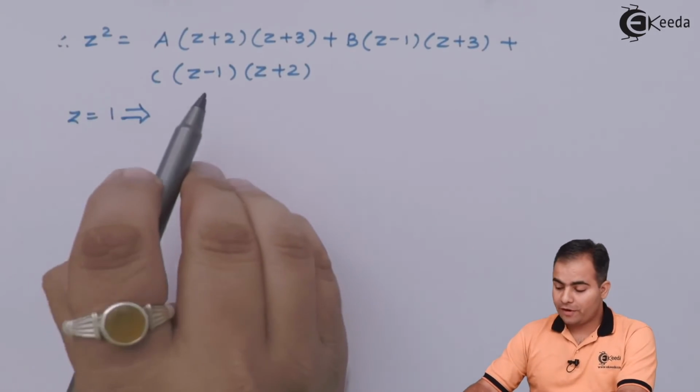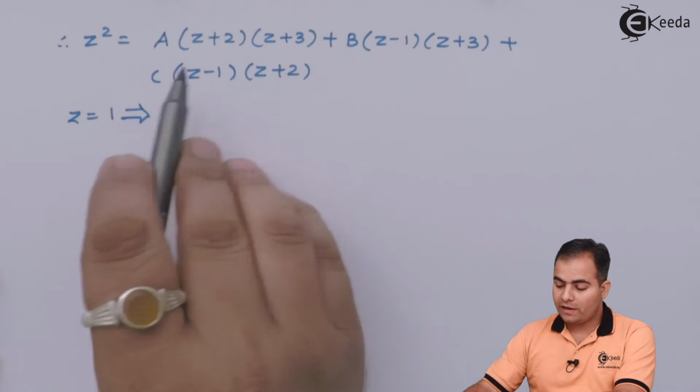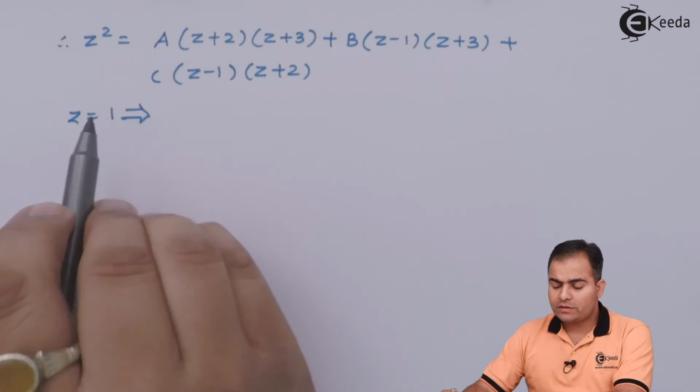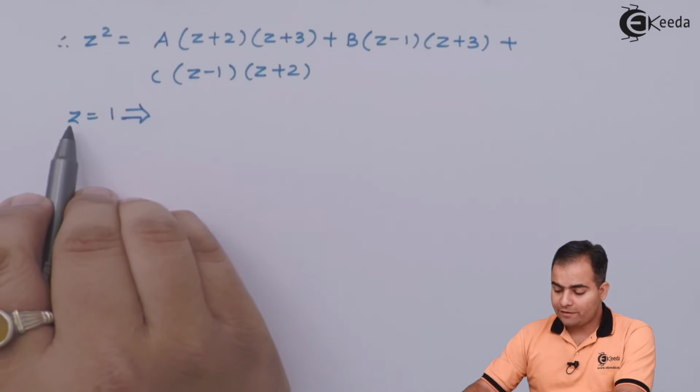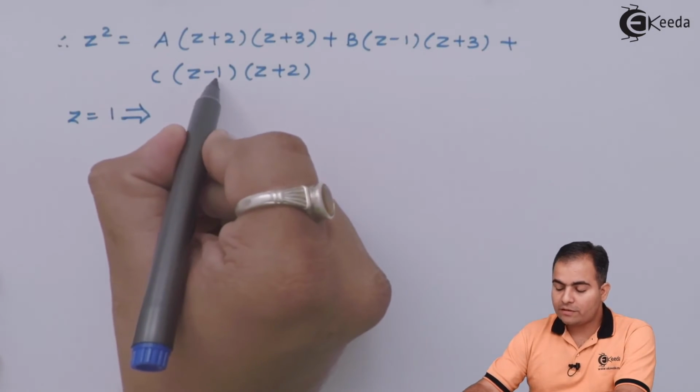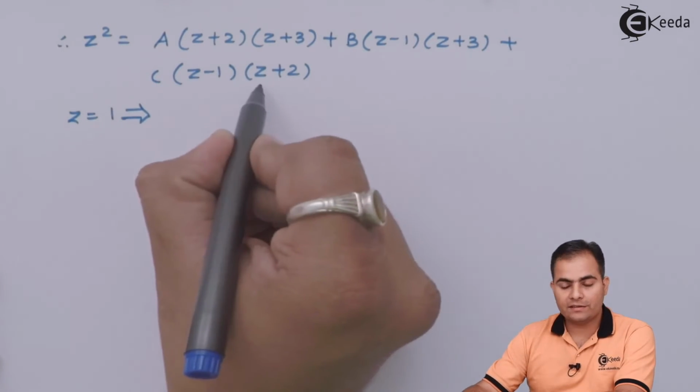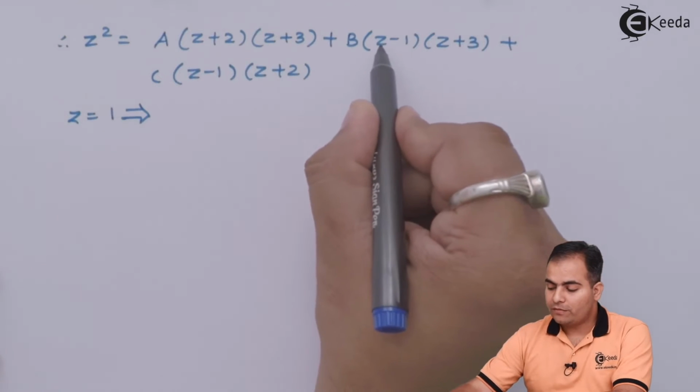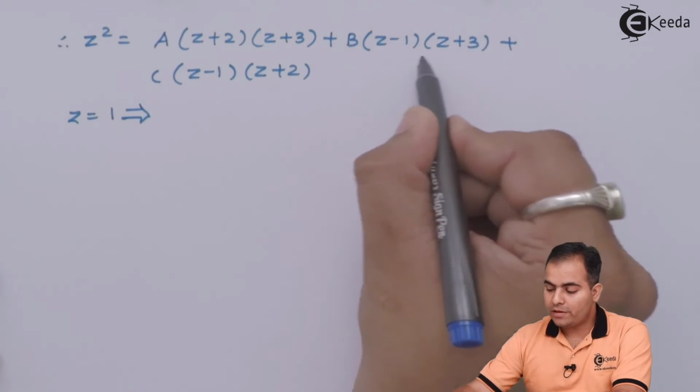So first of all, I'm trying to remove the constants B and C from this equation. So which value are we going to substitute in place of z? If I place z equals 1 in this whole equation, then 1 minus 1 becomes 0 and 0 into anything is 0. Similarly here also, 1 minus 1 becomes 0 and 0 into the whole term becomes 0.